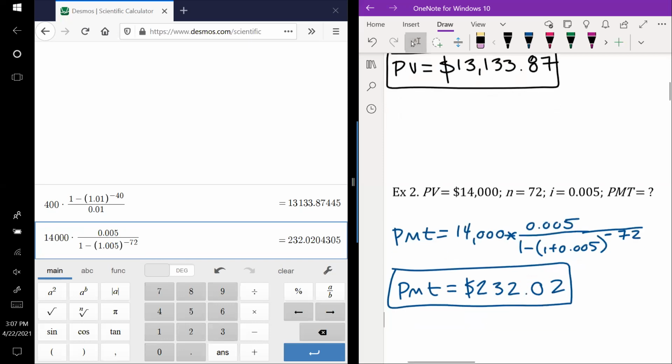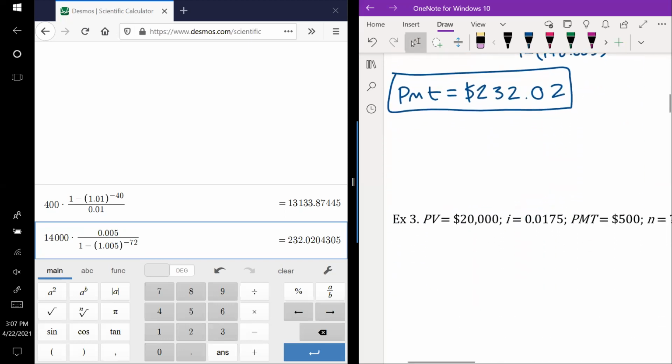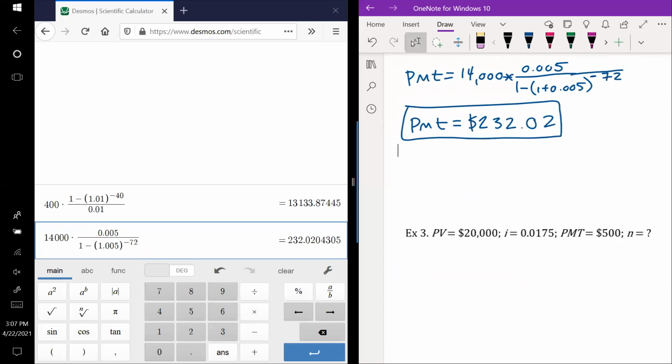And third example. Present value is 20,000. I is 0.0175. Payment is 500. We are looking for N. So we're going to use the third equation at the top of the page. Okay, so everything's labeled for us.